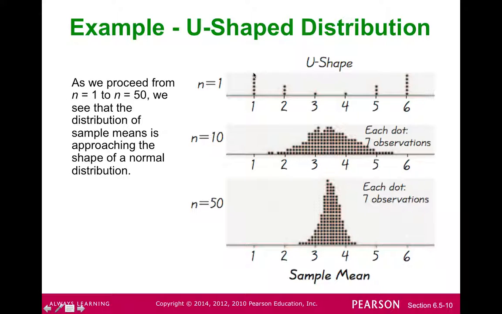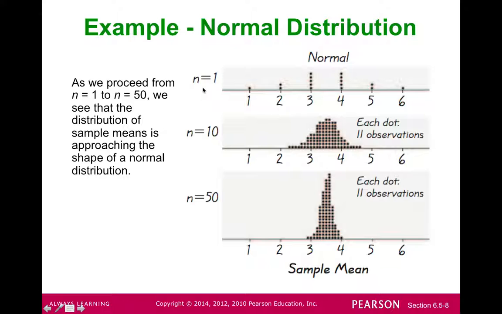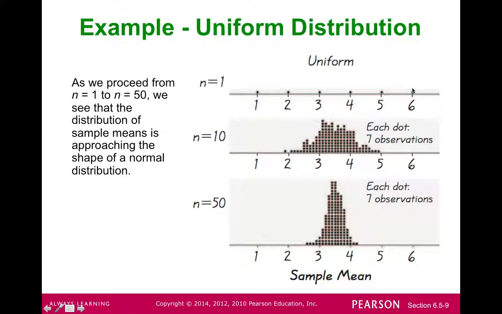In this case, it started high and came down the other side. Now, as you increase to 10, you're going to start to see that normal distribution emerge. And again, as we get to n equals 50, you can really see it again. So it doesn't matter what the shape of the individual data is, like this n equals 1. It could be normal, meaning it goes low, comes up to a high and then comes back down the other side.